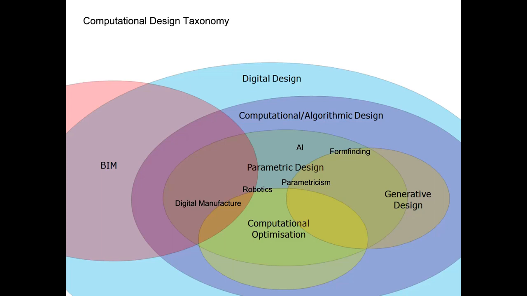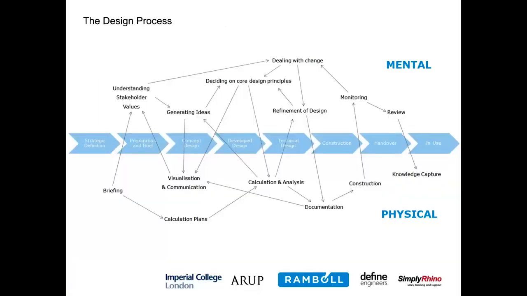So what we will do is we'll talk about parametric design and computational design, and what I wanted to do first of all is just give you my interpretation of what computational design is all about, what it is that we're really talking about here. And in order to do that, we need to first of all talk about design in general and the design process. So in this diagram here, running across the middle of the screen, in those little blue arrows, those are the RIBA stages of work.